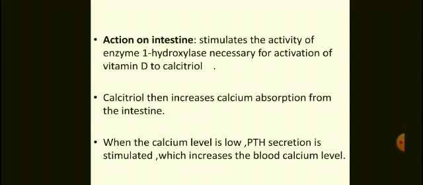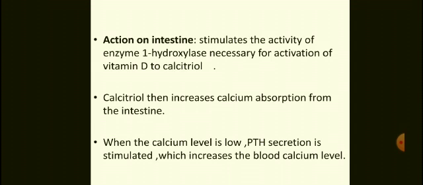Again, action on intestine. Parathyroid hormone stimulates the activity of the enzyme 1-hydroxylase necessary for activation of vitamin D to calcitriol. We know that when vitamin D is converted to its active form calcitriol, it is hydroxylated at its 25th and 1st positions.